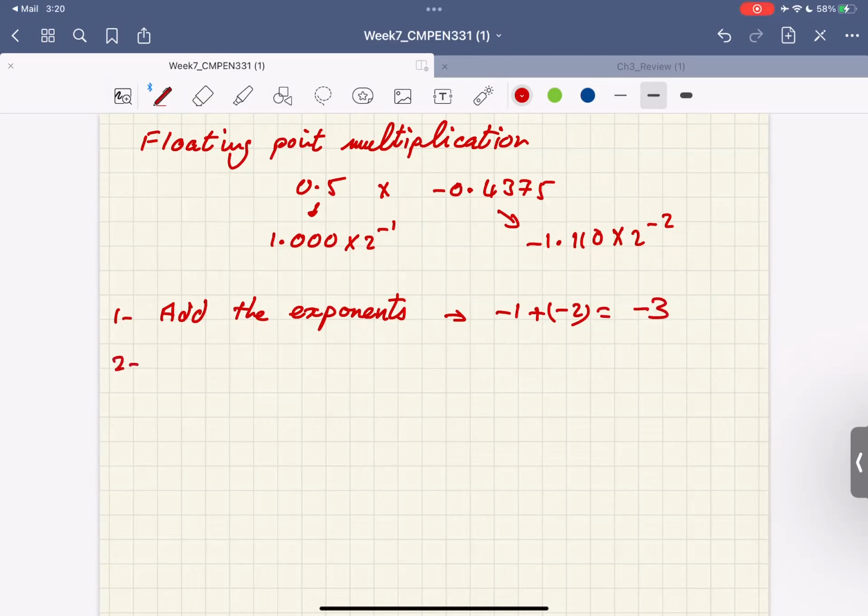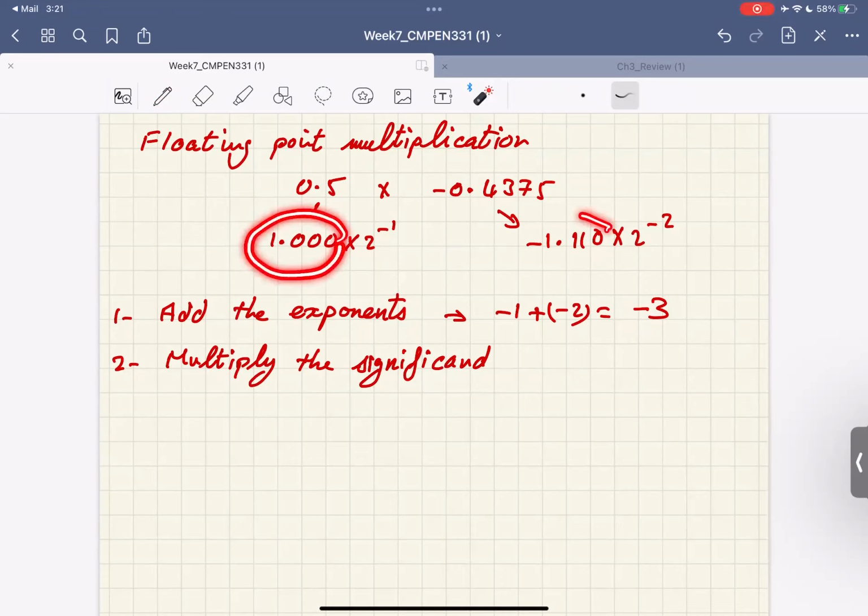Second, multiply the significands. So I would like to multiply that by that.